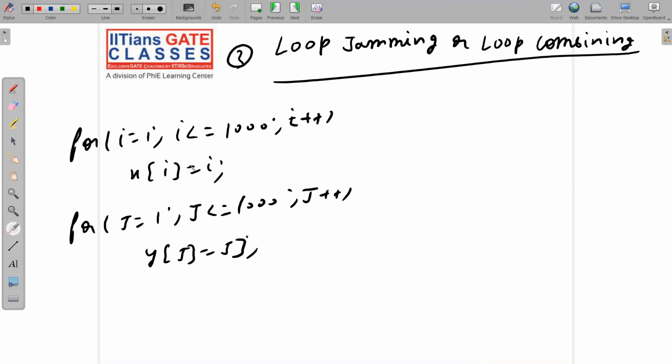So directly or indirectly, what we are doing is, we have a 1000 element array, and we are initializing each element with a number. That means x1 with 1, x2 with 2, and so on. Similarly here also, y1 to 1, y2 to 2, and so on.